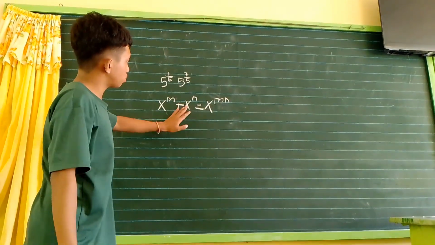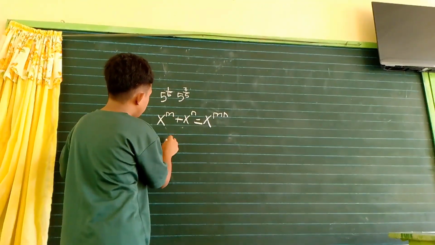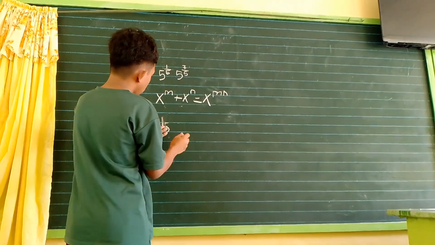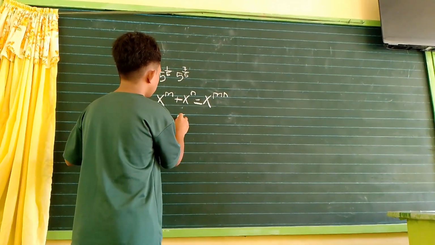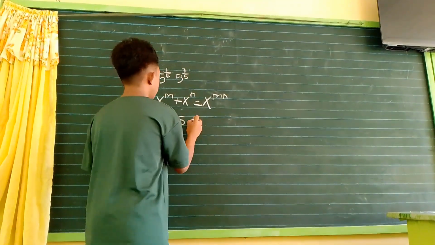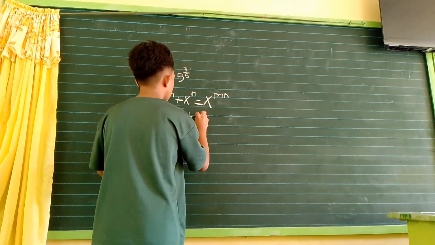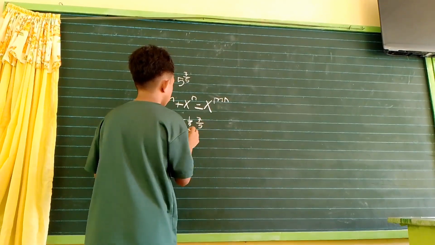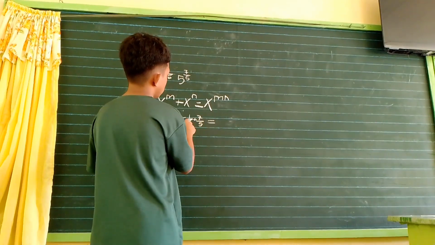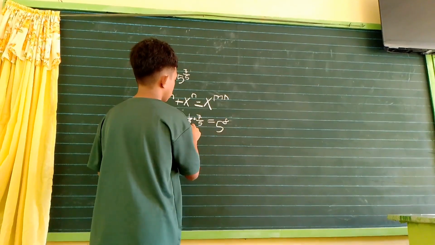Now we're going to apply this rule to this given. Since they have the same base, we just copy the 5. And we're going to add the exponents: 1 plus 7 equals 8. Copy the denominator.